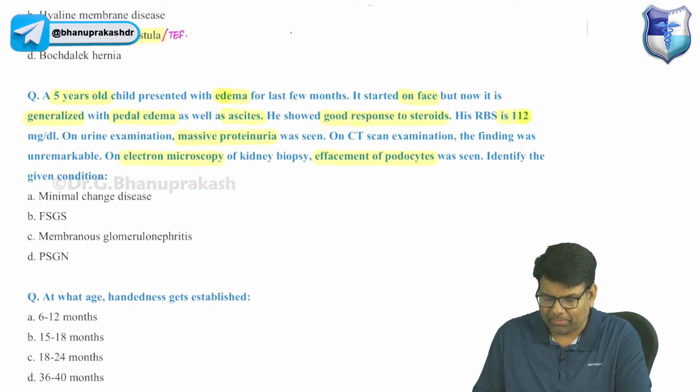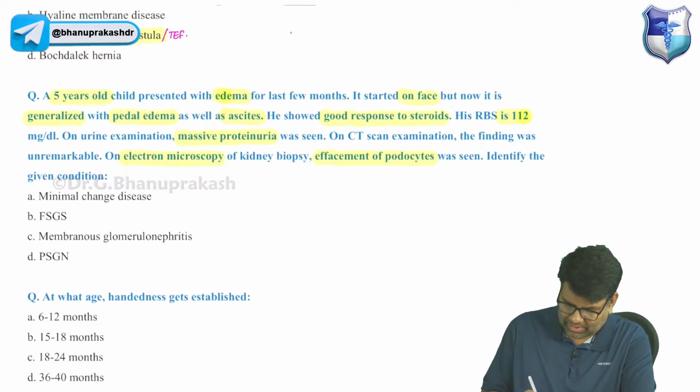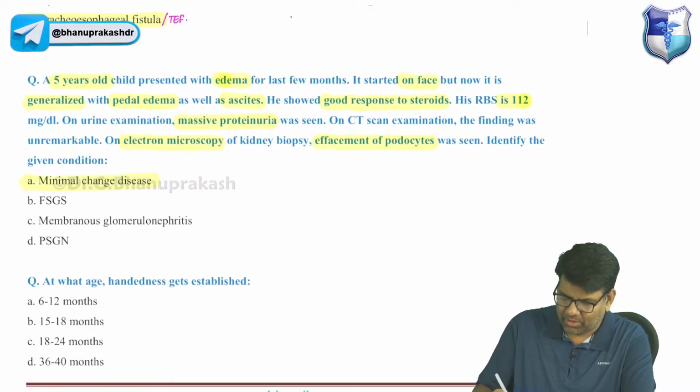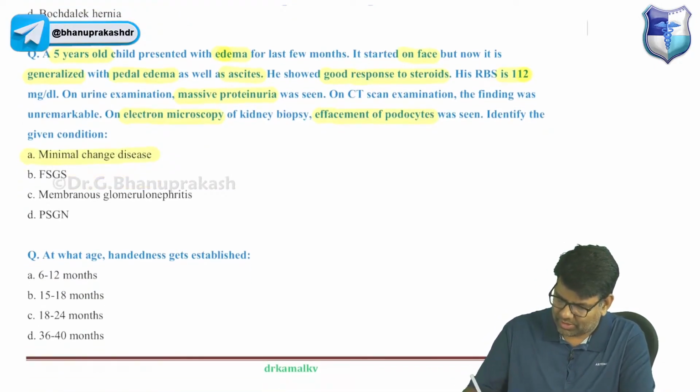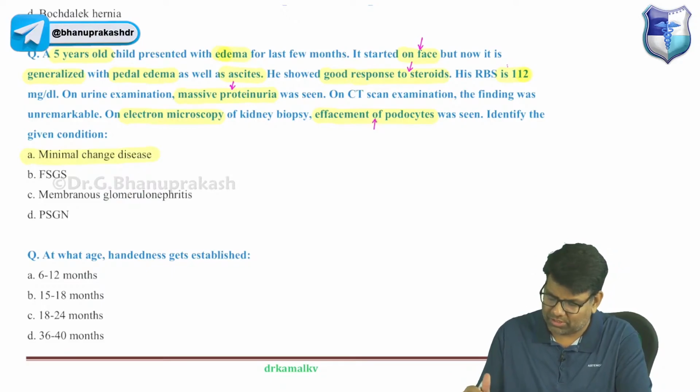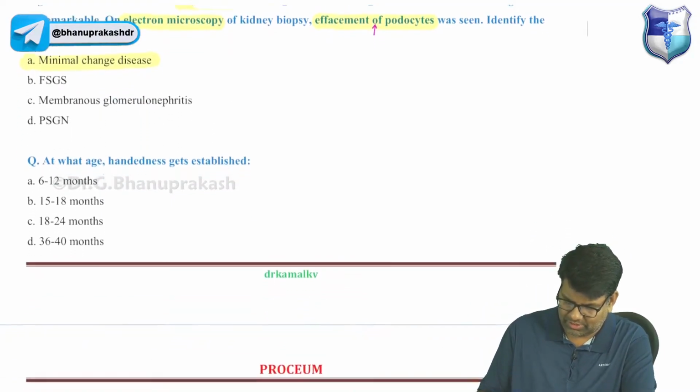I think it is very easy to diagnose, a classical description for minimal change disease. Good response to steroid, periorbital or facial puffiness, massive proteinuria and effacement of podocytes. All these features point to minimal change.